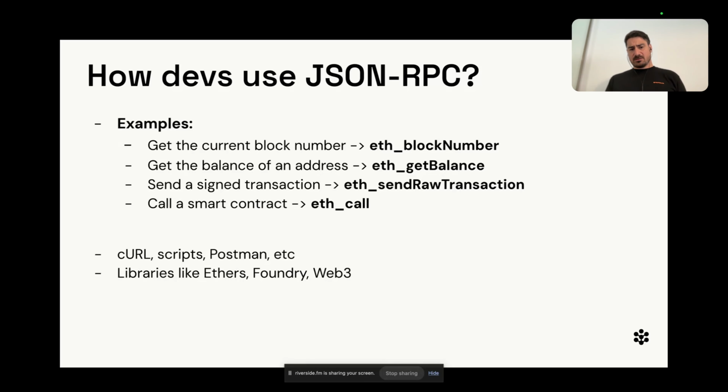You can interact with any script, with curl from the console, using Postman, or the easier way for developers is by using libraries like Ethers, Foundry, or Thread, which wrap all these JSON RPC methods under different implementations, so it's much easier to use in your application.